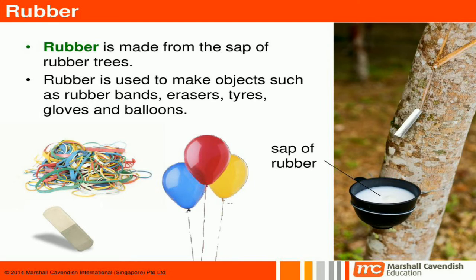And now rubber. So, rubber is made from the sap of rubber trees. Here we can see a rubber tree, and rubber is used to make objects such as rubber bands, erasers, tires, gloves, and balloons.